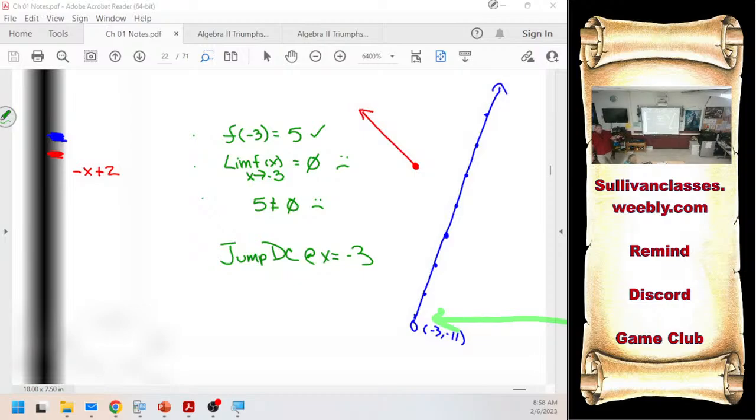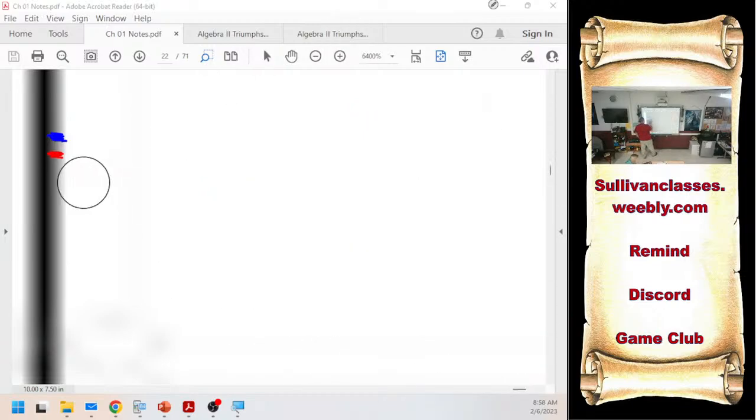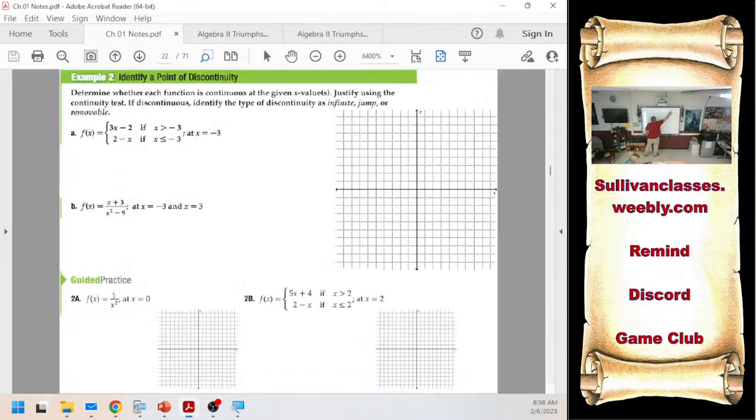Can I go through +3 without picking my pen up? Function of 3 exists. The limit at 3 exists. Those are the same number. It would be continuous there. So whenever you state a discontinuity, you have to state where it's happening.